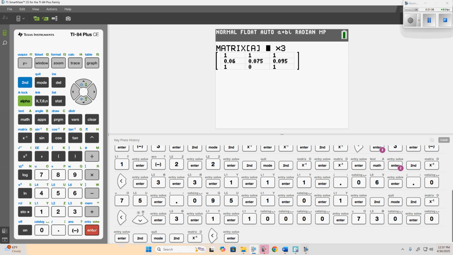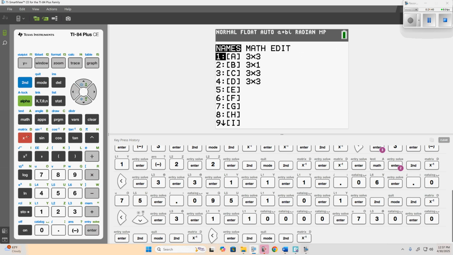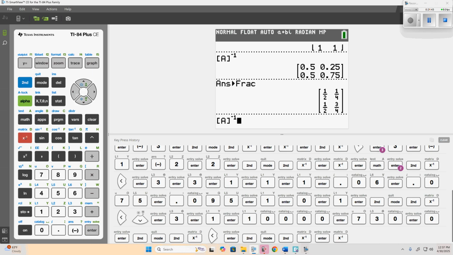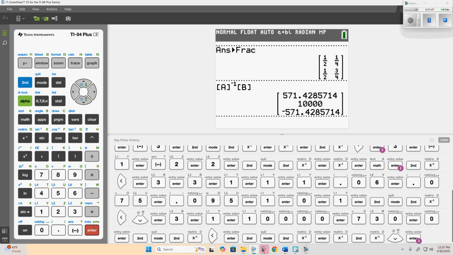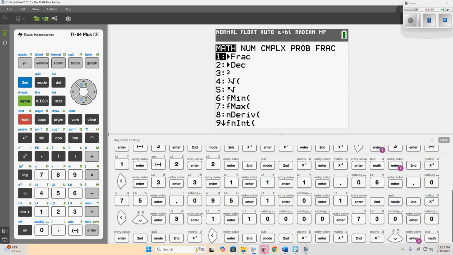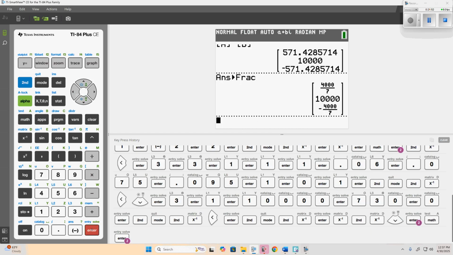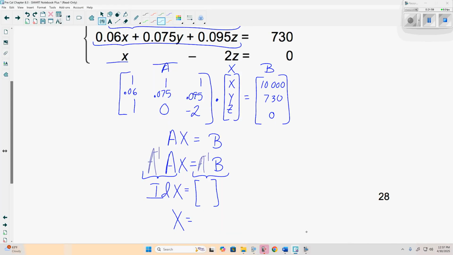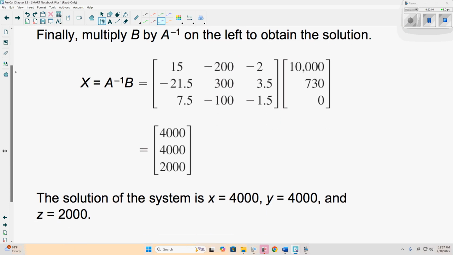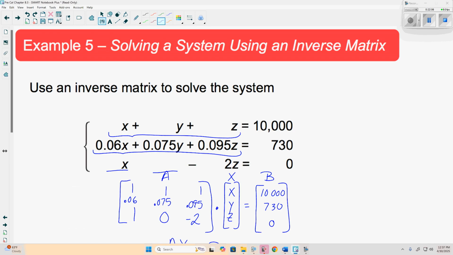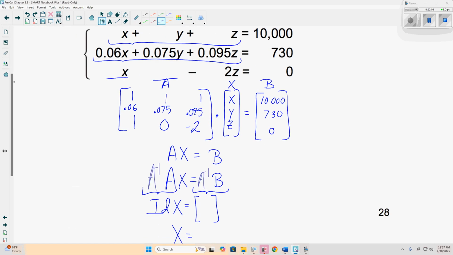And what we said was that matrix A inverse times matrix B gives us the solution. Let me make sure I put those in, 0.06, 0.075.